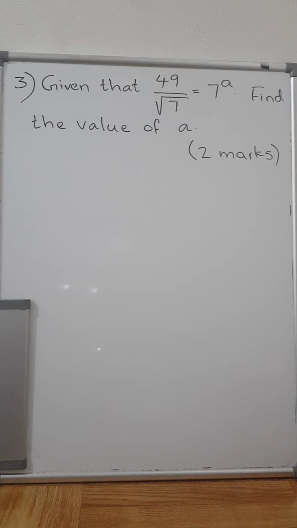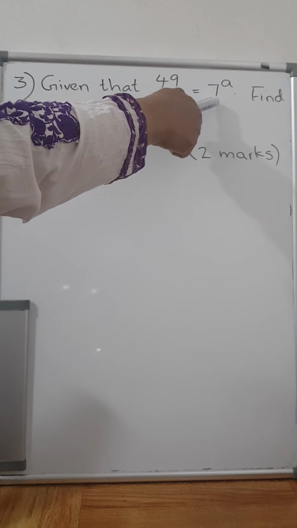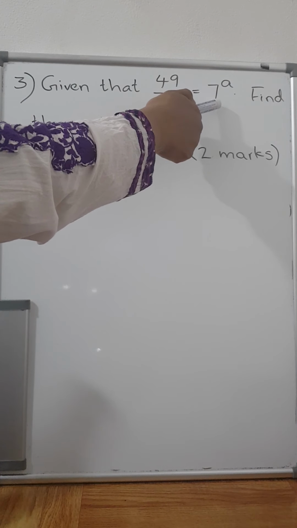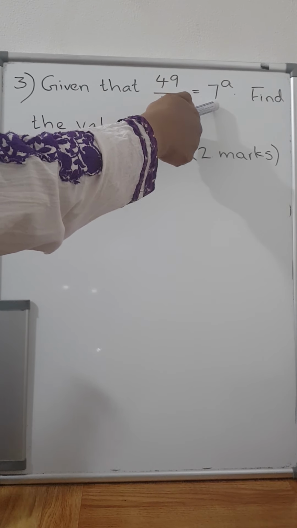The third question, given that 49 divided by square root of 7 is equal to 7 to the power a. Find the value of a. The question carries 2 marks. You see here the right hand side of the equation, the base is 7.